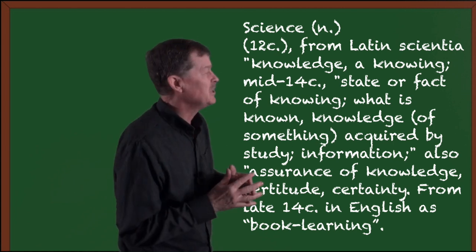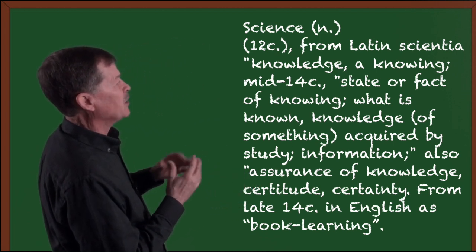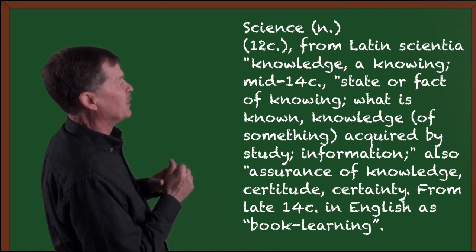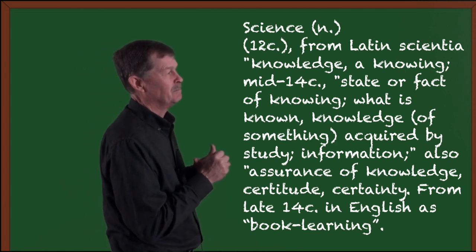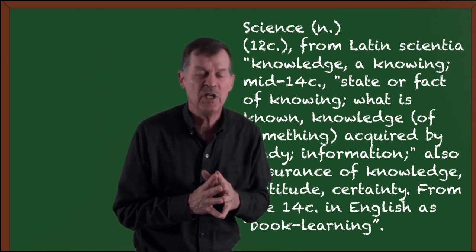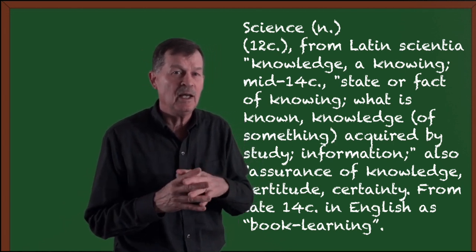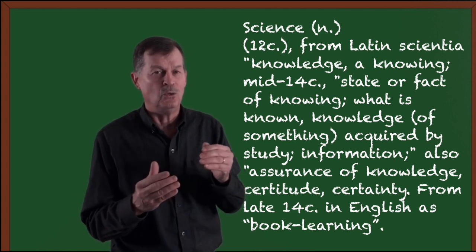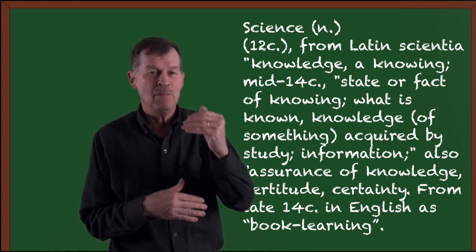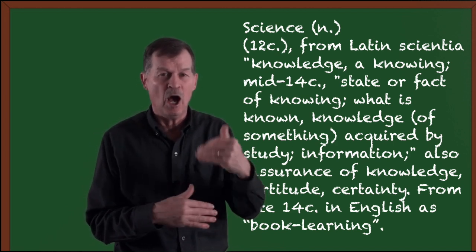In the mid-14th century, it means a state or fact of knowing. What is known? Knowledge of something acquired by study, information. You get it? What is science? Science comes from scientia. Scientia in Latin meant knowledge. So the scientific method is a method to get to knowledge.